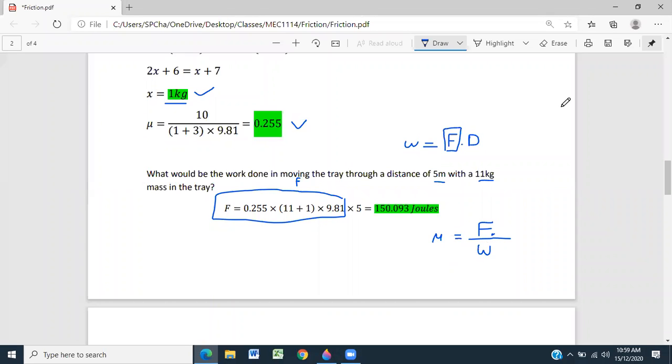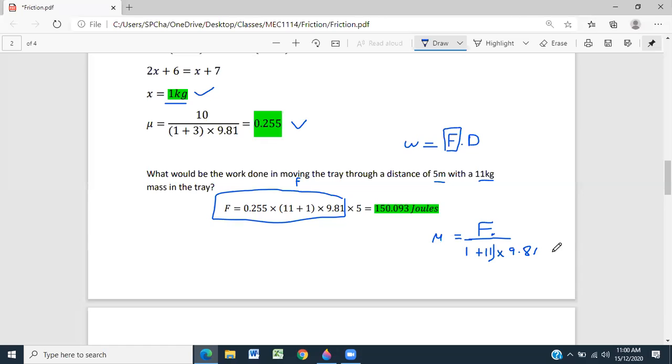And weight is the mass times 9.81. This mass is the mass of the tray, which is 1 kg, plus this 11 kg mass in the tray.